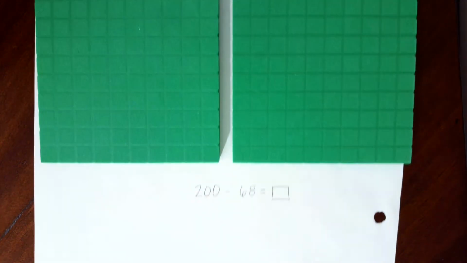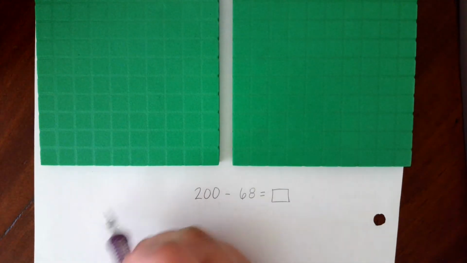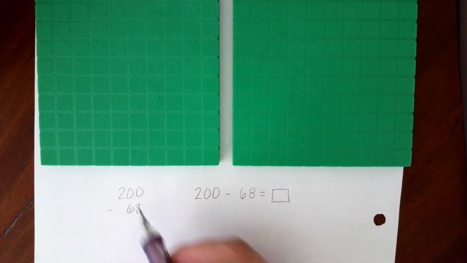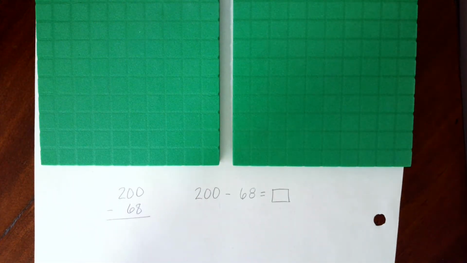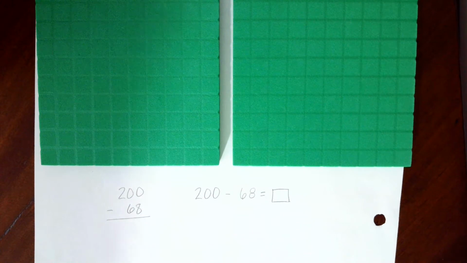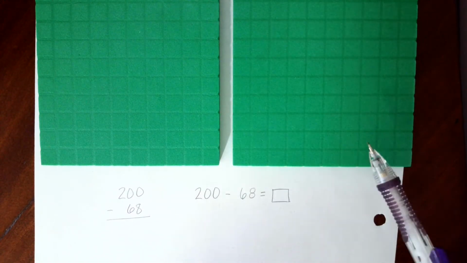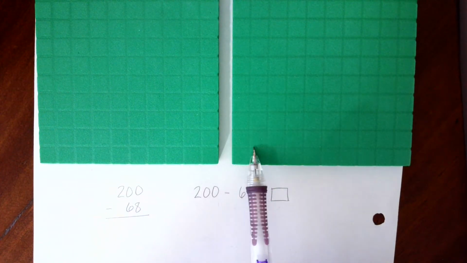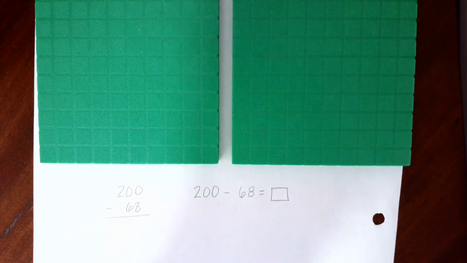Now, if I was doing the drawing method to figure this out, it might be a little easier if I write it up and down. Okay, so if I had 200 minus 68, I would say, I need to take away 6 tens and 8 ones, but I can't take them away when my numbers look like this. So I need to start doing some exchanging.